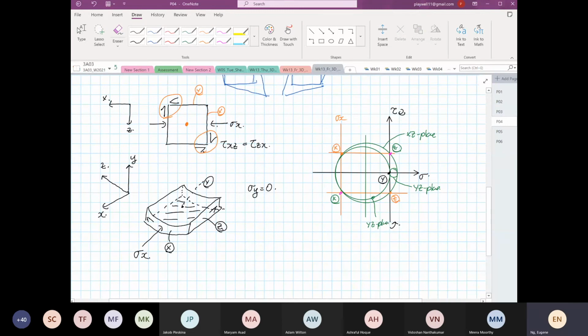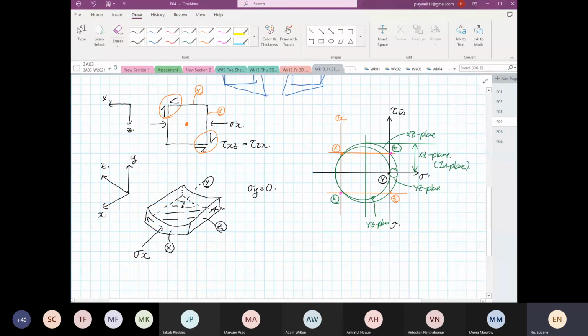So from here, what you realize is that you will know where your maximum is. Your maximum is on your XZ plane. And your XZ plane is in plane.